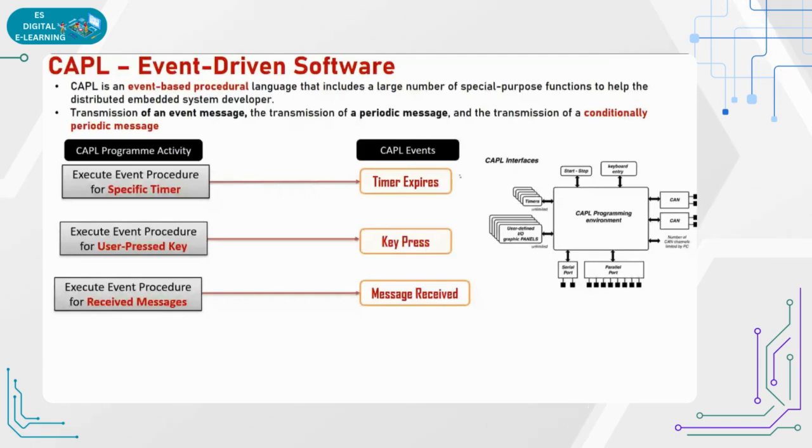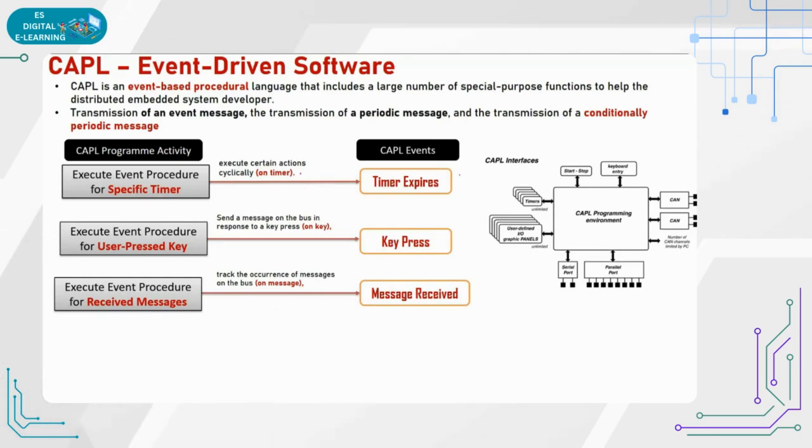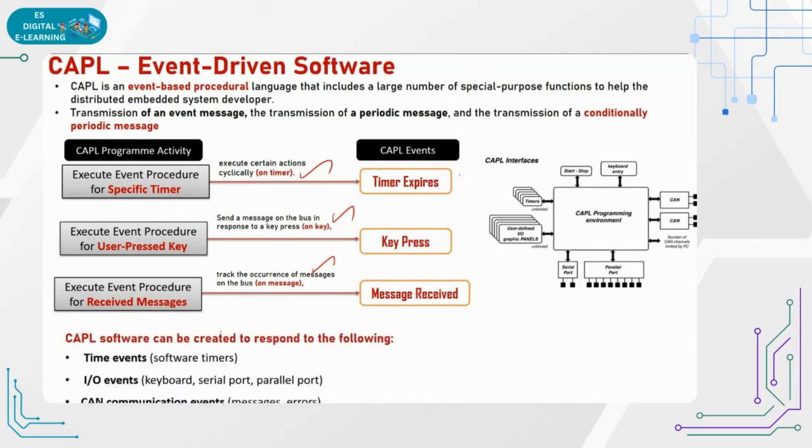So timer events, on key events and on message events all come under CAPL events. These are the three points you need to remember. So the top events, and moreover in CAPL, time events are specifically for the software timers.